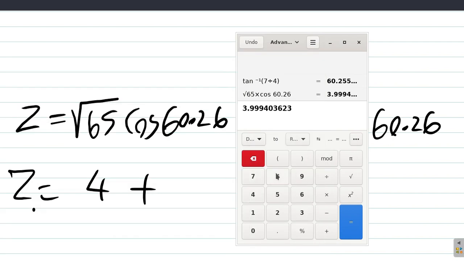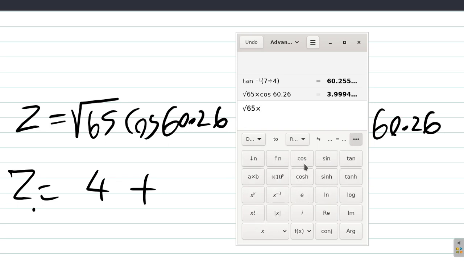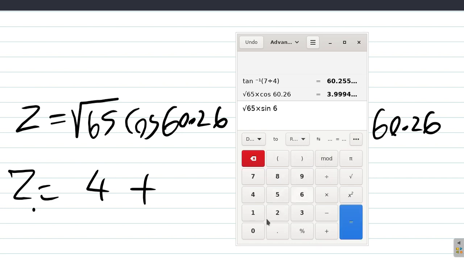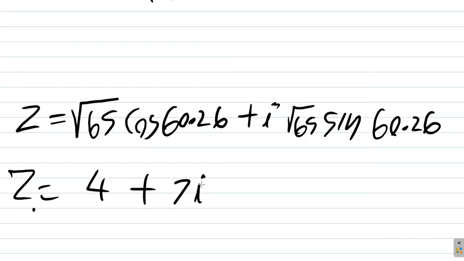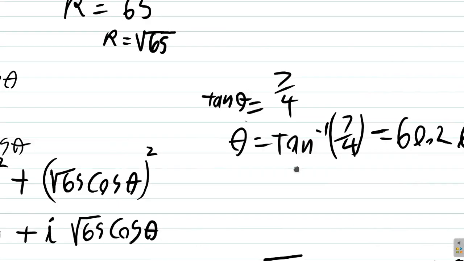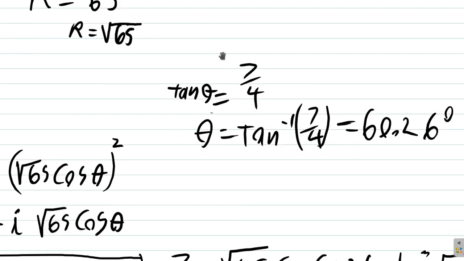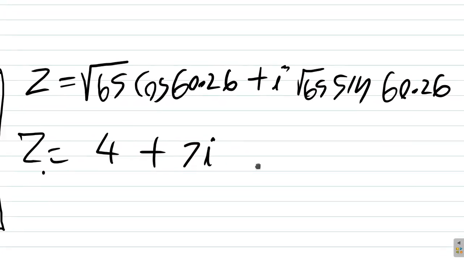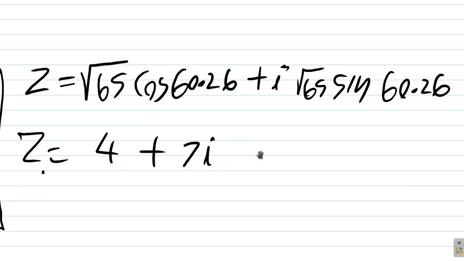So we have the square root of 65 multiplied by the sine of 60.26 equal 7.0000, call it 7. So 7i, I could call it i7, alright, or 7i. 7i sounds a bit more comfortable to say. So it's 4 plus 7i. Was it what we had? 4 plus 7i. Alright. So it's the same complex number, but in polar form, it is z equals square root of 65 cos 60.26 plus i square root of 65 sine 60.26.